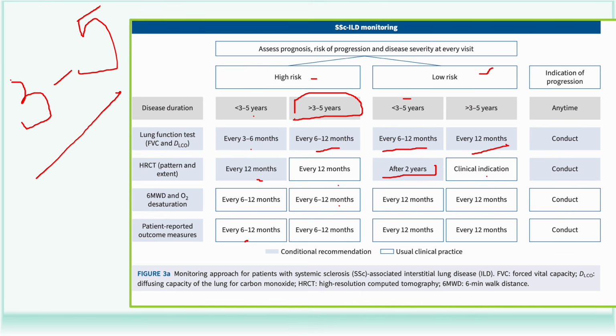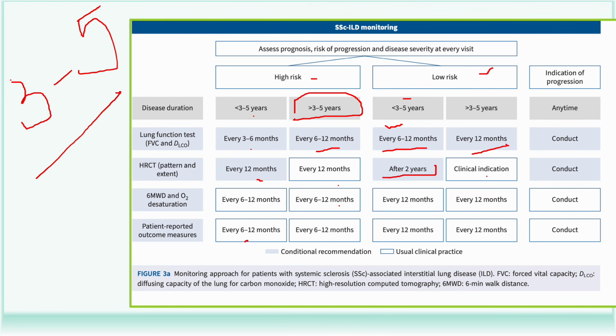The 6-minute walk and patient reported outcomes must be measured every year. So he has to come to you at least twice a year, probably because his lung function would be due every 6 to 12 months if it's a relatively acute onset of the disease.